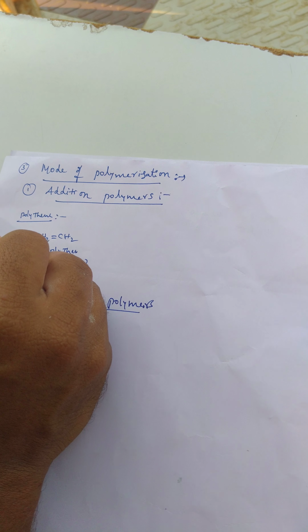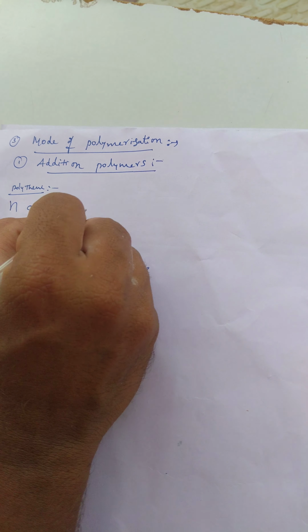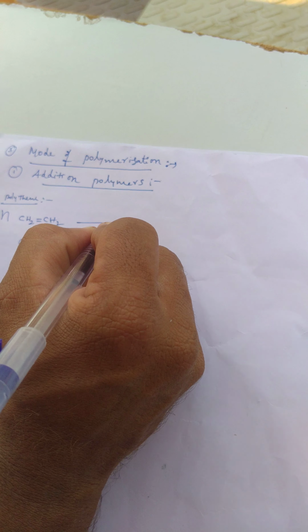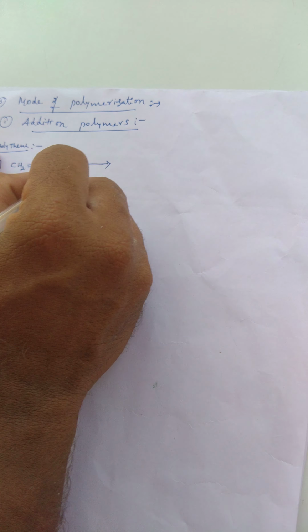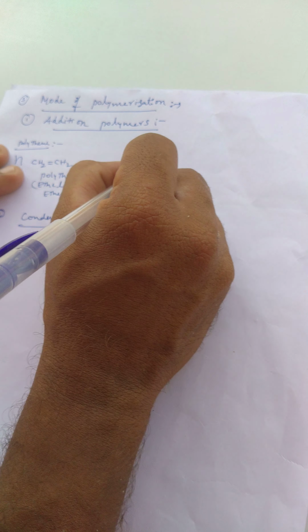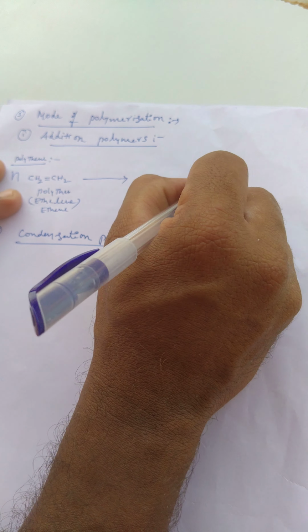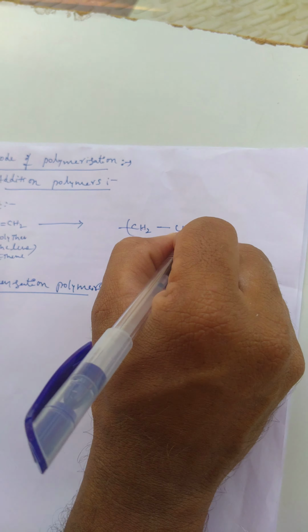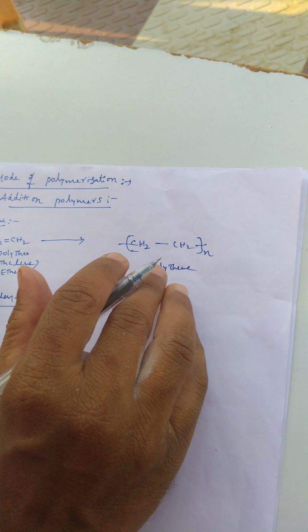When only ethene molecules are mixed together, we will get polythene.